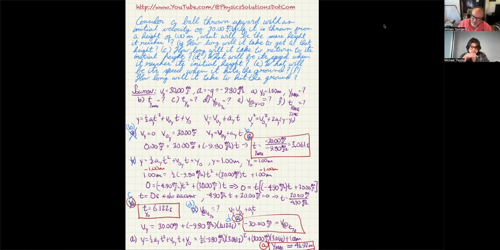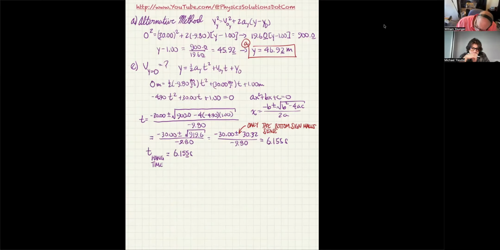Now I can use that time and the other equation, v equals v0 plus at, to figure out the velocity. So I can say v y is equal to v0y plus a sub y times t, which is going to be 30.00, again leaving the units off because I've done enough with that, plus negative 9.80 times 6.155.